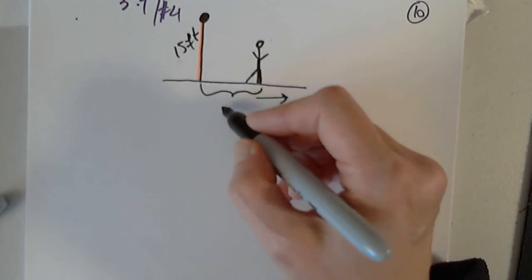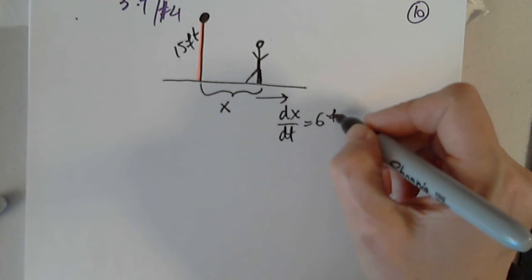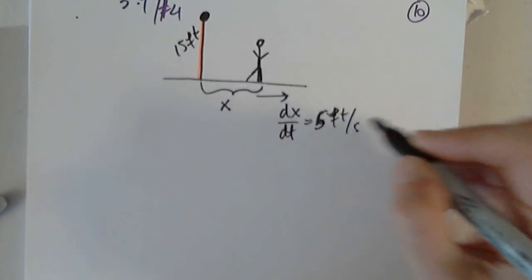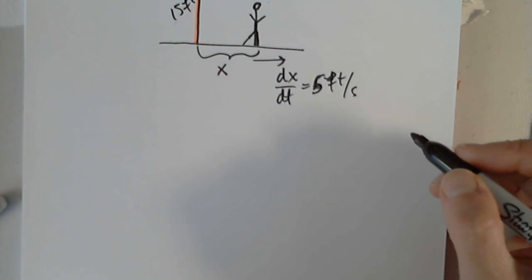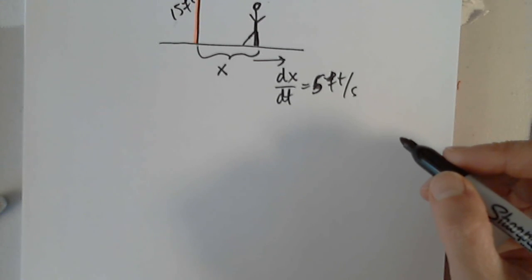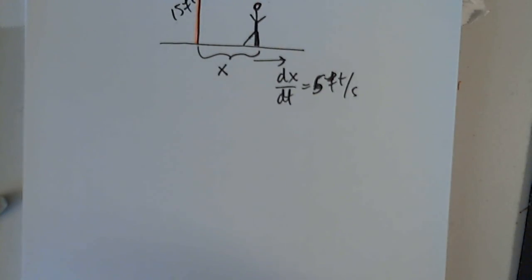So this is his distance. So dx over dt is 5 feet per second. Along a straight path, how fast in feet per second is the tip of his shadow moving when he is 45 feet from the pole?